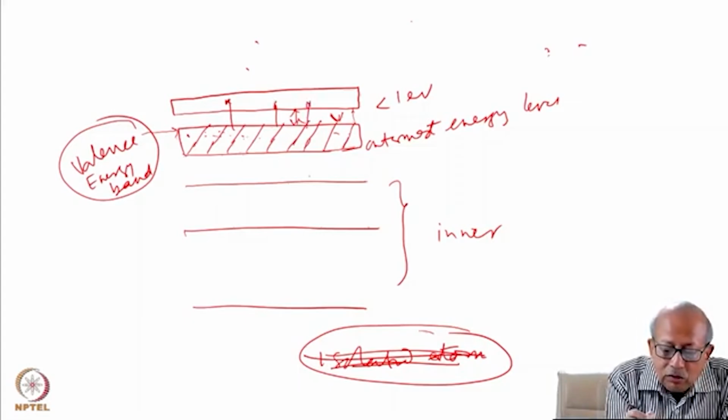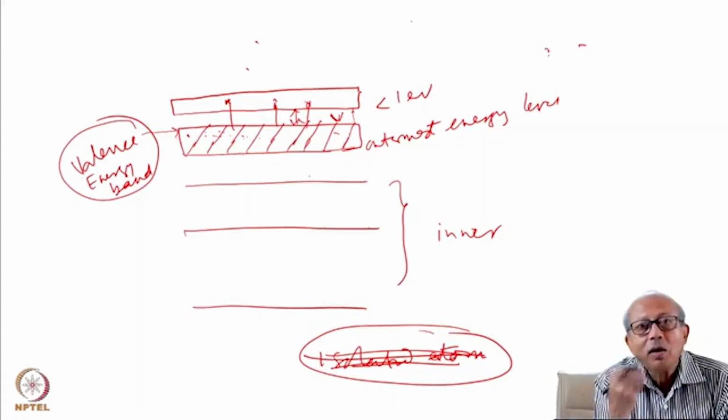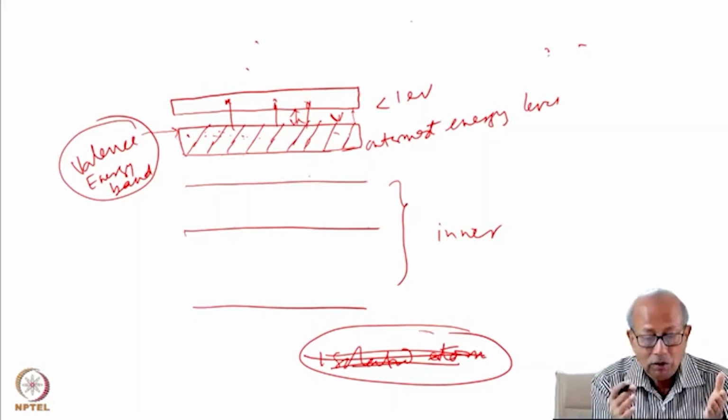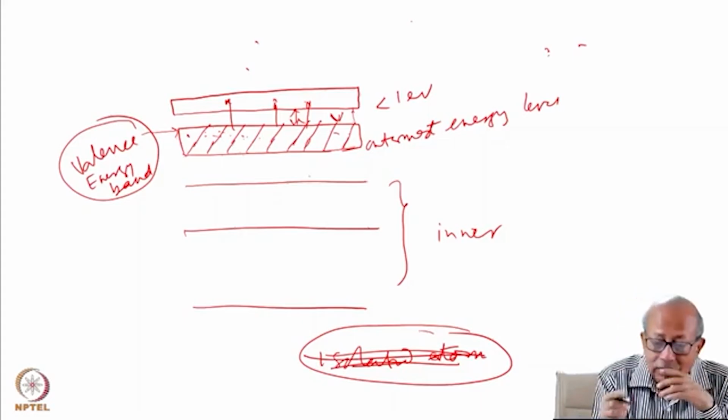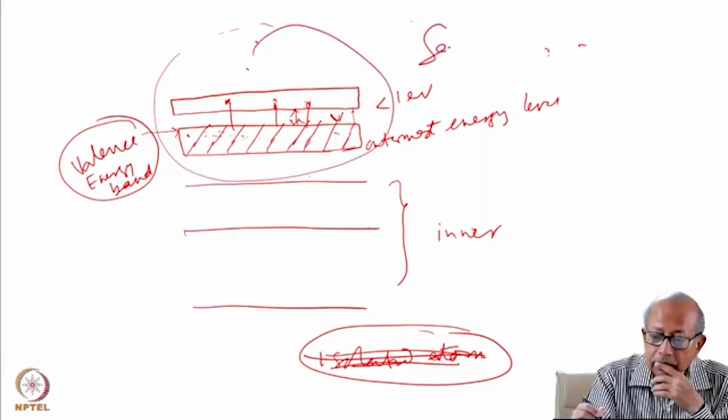And once the electron comes here, it can easily conduct electricity at the application of a modest potential difference between the two ends of the semiconductor of this material.